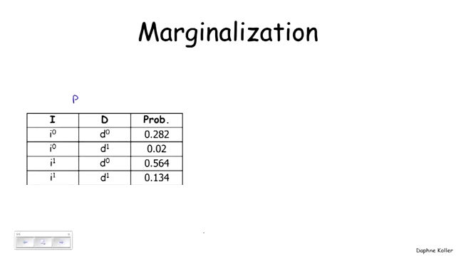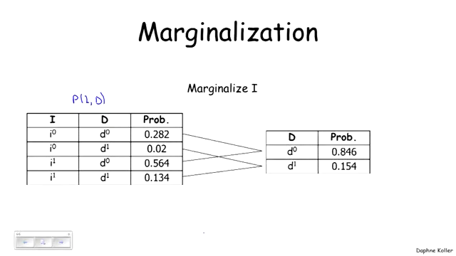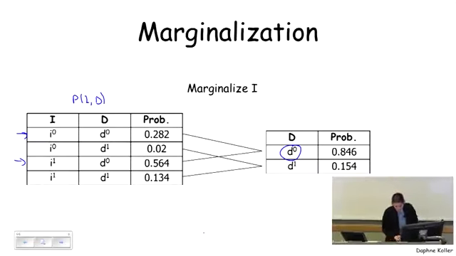So in this case, we have a probability distribution over I and D. And if, say, we want to marginalize I, which means we're going to basically sum up, throw away I and restrict attention to D. And so what that does is, for example, if I want to compute the probability of D0, I'm going to add up both of the entries that have D0 associated with them, the one corresponding to I0 and the one corresponding to I1. And that's the marginalization of this probability distribution.